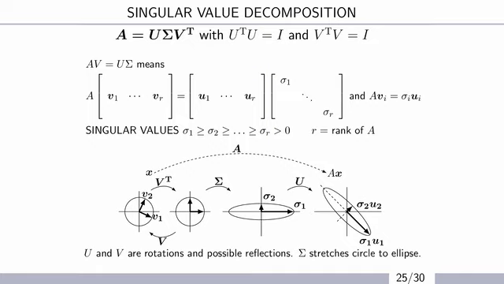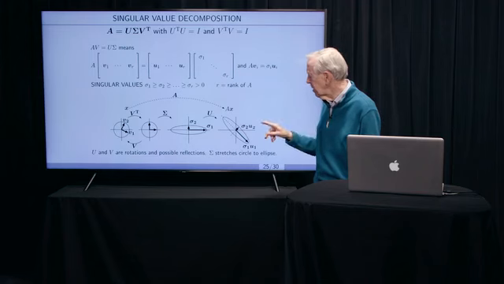Then I'm multiplying by the lambdas, but they're not lambdas now, they're sigmas. The matrix, so that's a capital sigma. So there's sigma 1 and sigma 2. What they do is stretch the circle. It's a diagonal matrix, so it doesn't turn things, but it stretches the circle to an ellipse because it gets the two different singular values, sigma 1 and sigma 2.